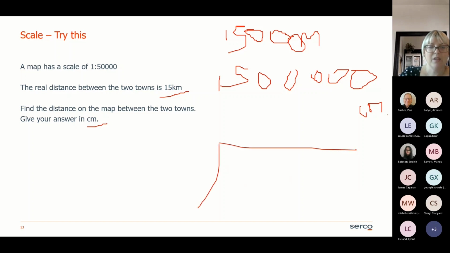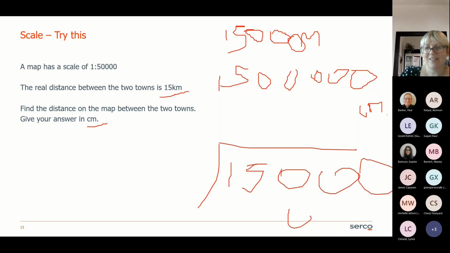So if we've got 15, absolutely 150 divided by 5. Yeah? Or 50,000.